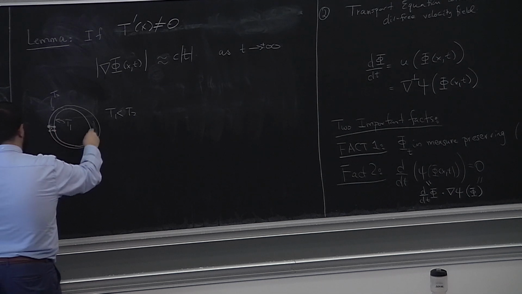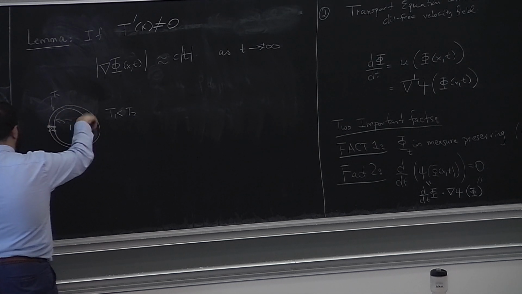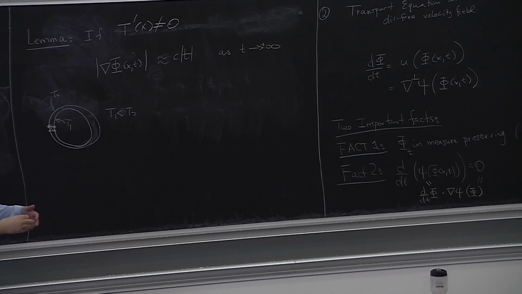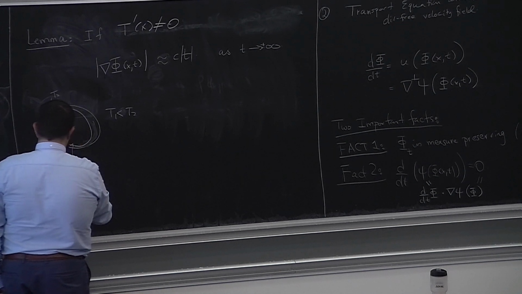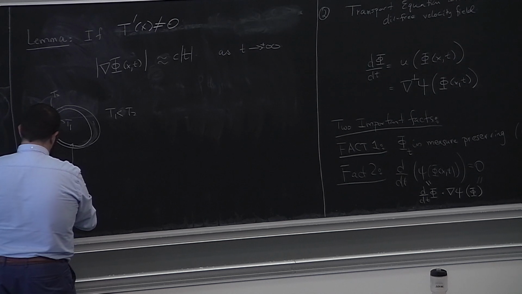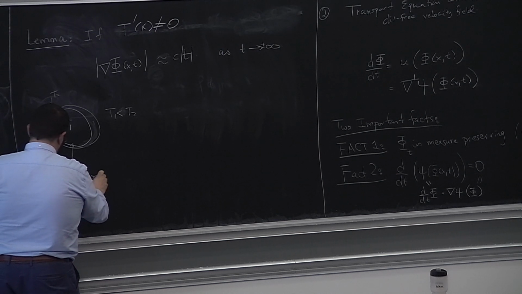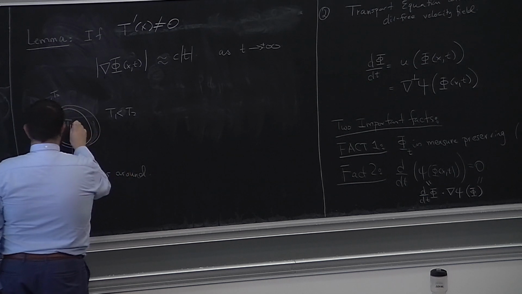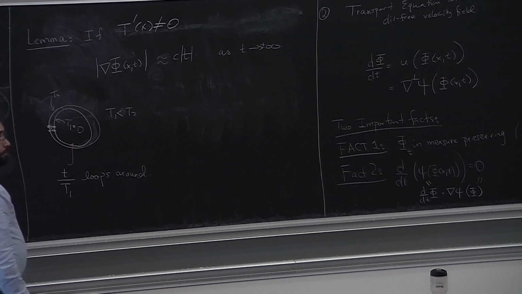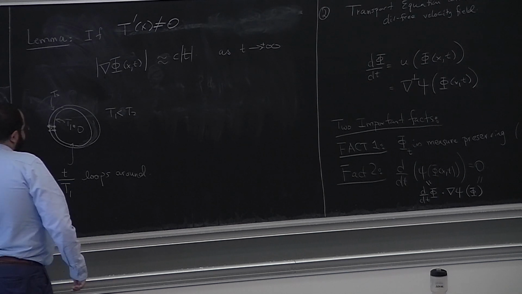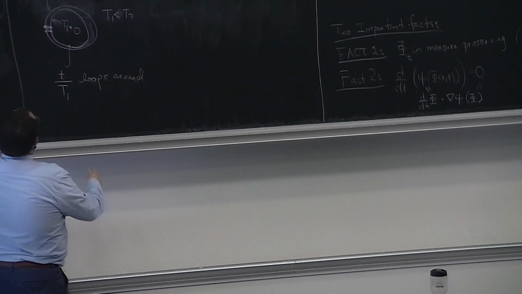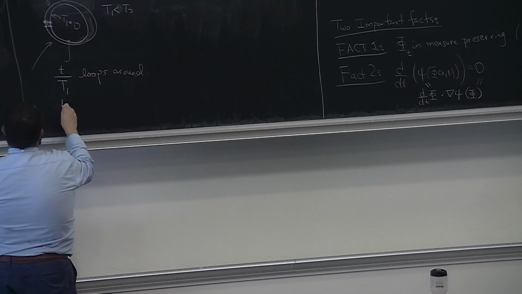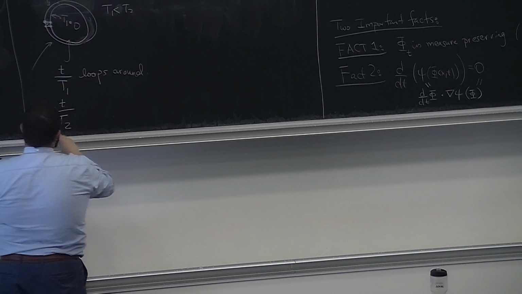After time t, the inside will have gone around t over T1 loops around 0. Okay, so let's just say 0 here. And the outer one will have gone around t divided by T2 times.